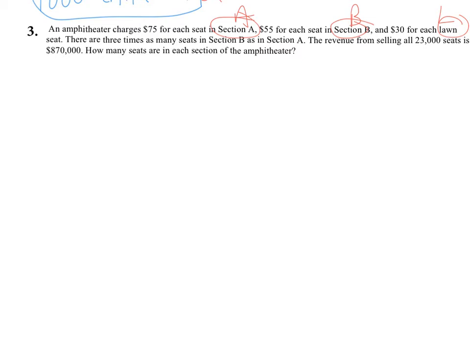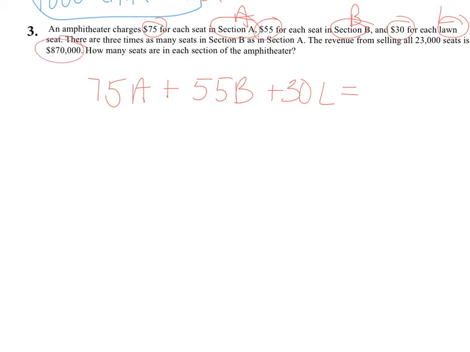Well, we know prices, so we know that it's $75 for section A plus $55 for section B and $30 for the lawn seats. Now, because all of these represent dollar amounts, the total has to also be a dollar amount, which there is only one. It's $870,000.